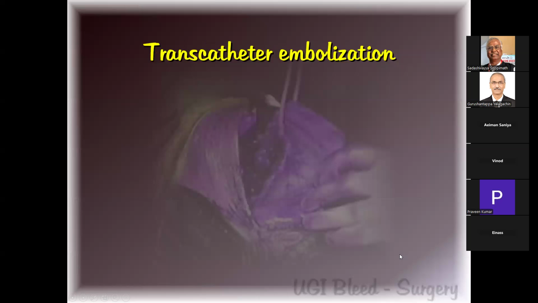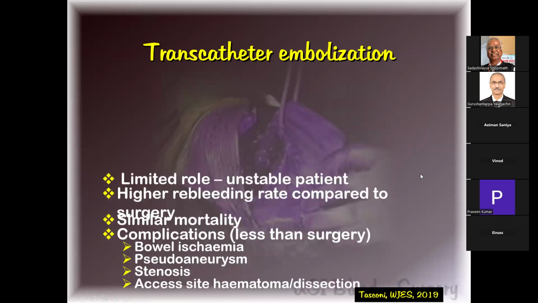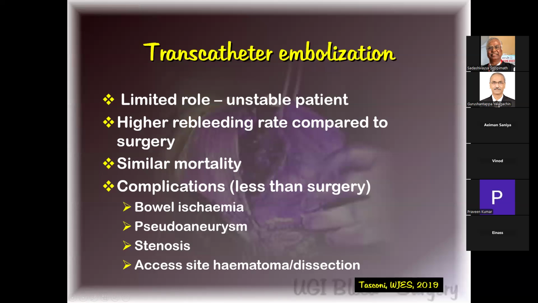Okay, transcatheter embolization is also possible. I'm getting a little behind time, so I'm going to rush through and not spend too much time asking you questions. Transcatheter embolization is an option, but it has a very limited role in an unstable patient. If somebody is in shock and you're unable to catch up with the bleeding, don't try catheter embolization. It doesn't work.